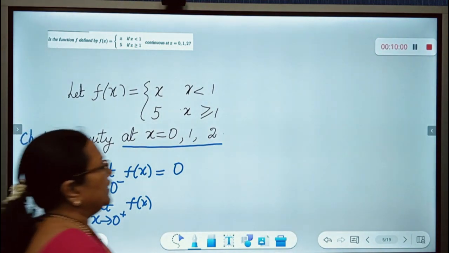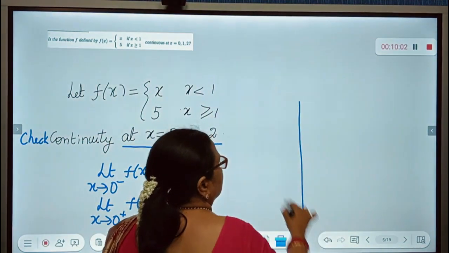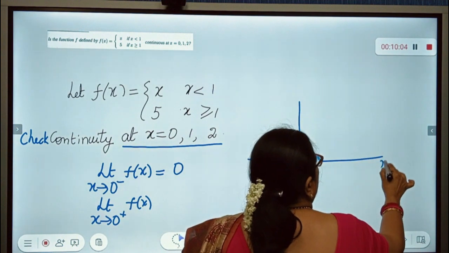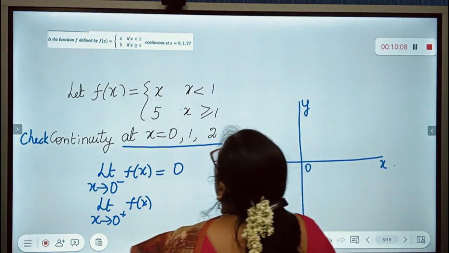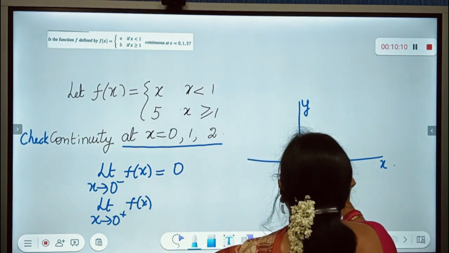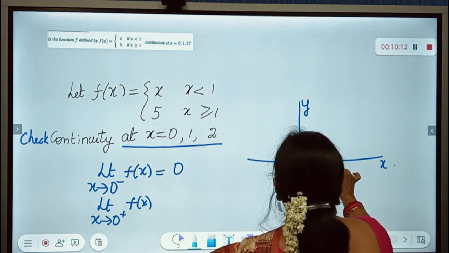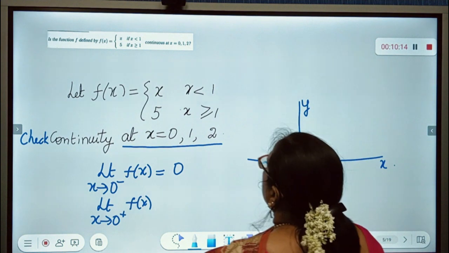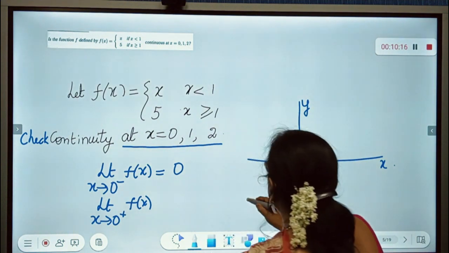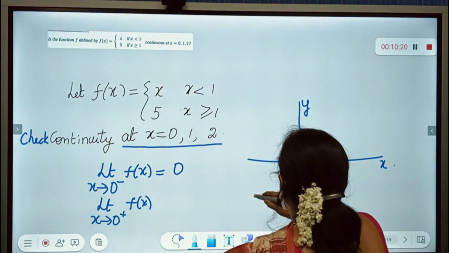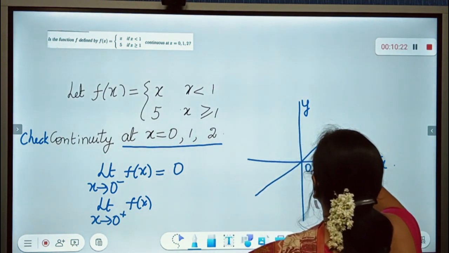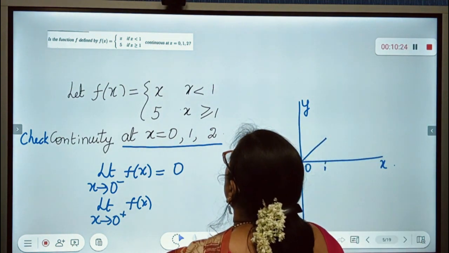What will be the limit x tending to 0 plus of f(x)? So if you look at the graph, till 1, this is 1, right? So x is equal to 1. As long as x is less than 1, what is y? y equal to x. After 1, what does it become?